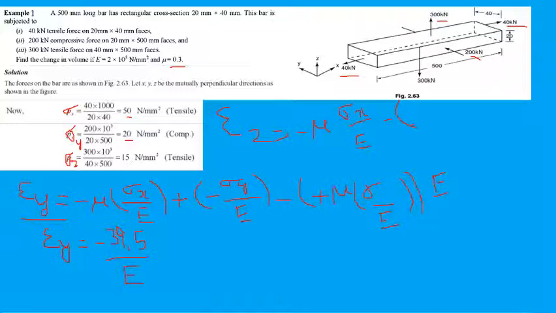Across the y-axis we have compressive load, therefore minus mu into sigma y divided by E. Across the z-axis it is a linear strain, therefore plus sigma z divided by E. After simplifying we got epsilon z equals 6 divided by E.